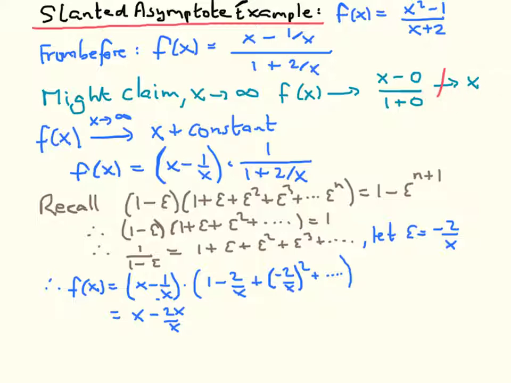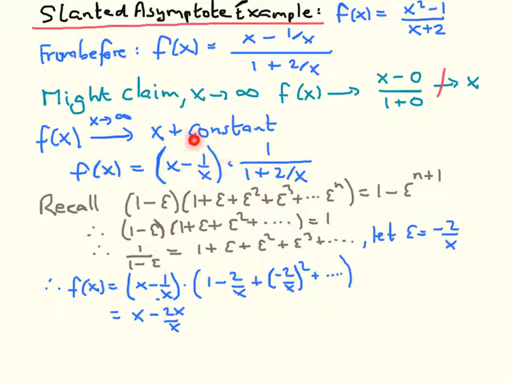The x term is correct, but there is a subleading term, a constant, and we get that by expanding this, multiplying it with the x here, and then when the x's cancel we see we are left with the subleading term.